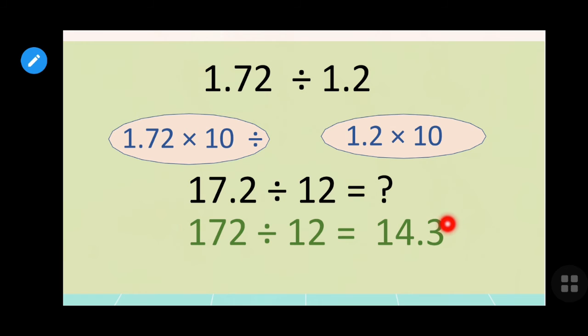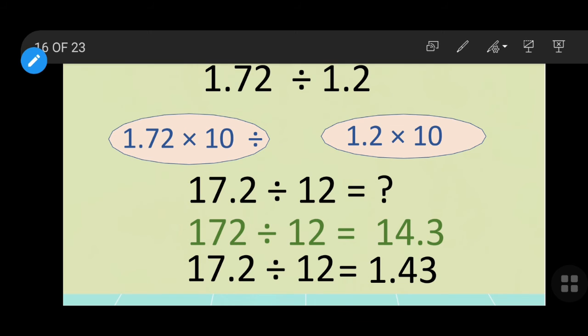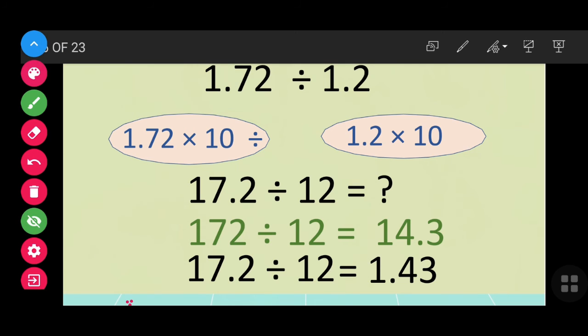Now we have to see, after making the divisor a whole number, we get this 17.2. So this has a decimal in it. So that must be brought in the answer. That will be 1.43. See, this answer, I will explain. See, this had 14.3. When we divide this, we get 14.3.